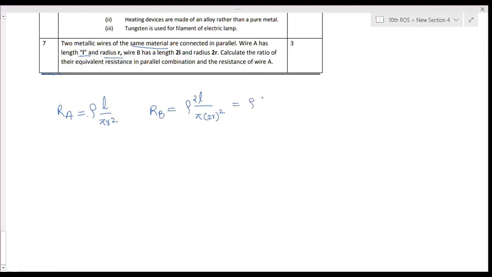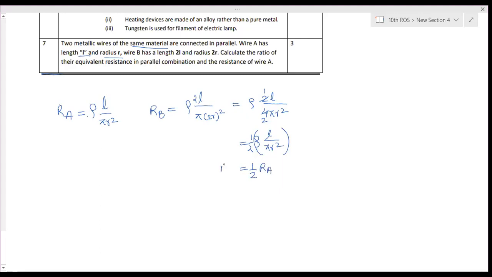So this is equal to rho 2L by 4 pi R square. 2 ones are 2, 2 twos are 4. So you will get 1 by 2 times rho L by pi R square. So rho L by pi R square is the value of RA, the resistance of wire A.